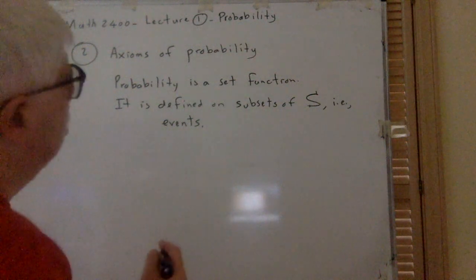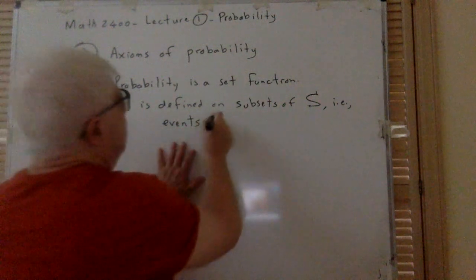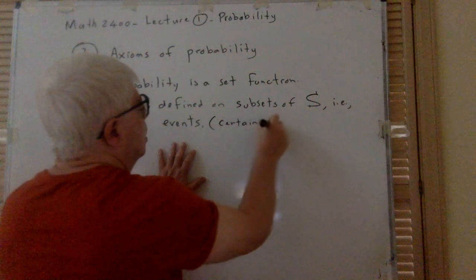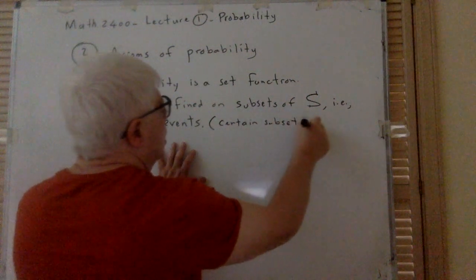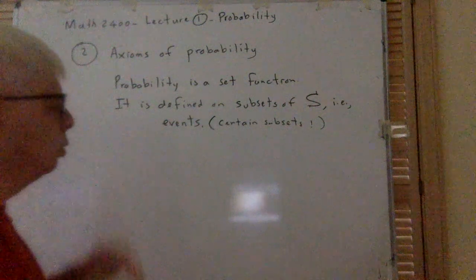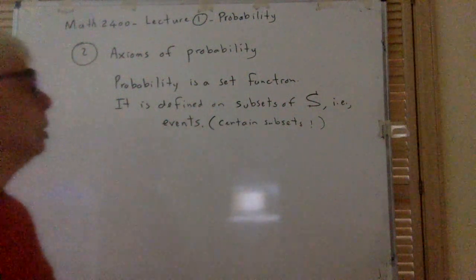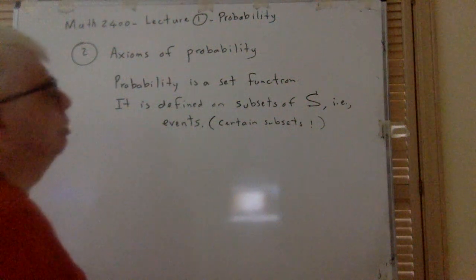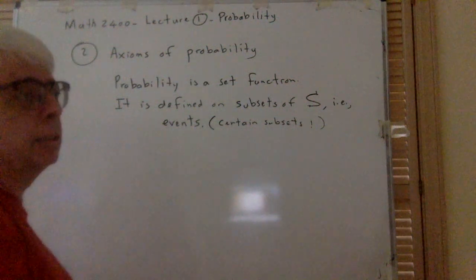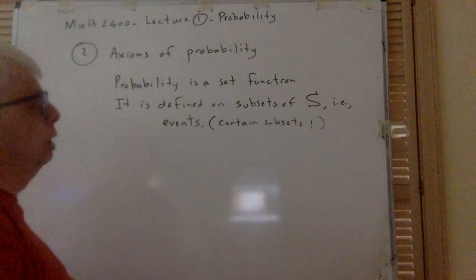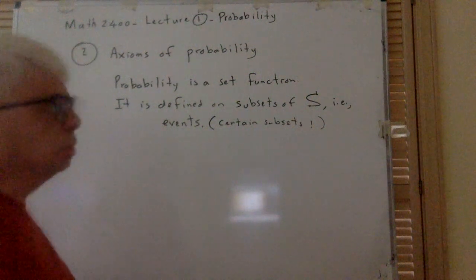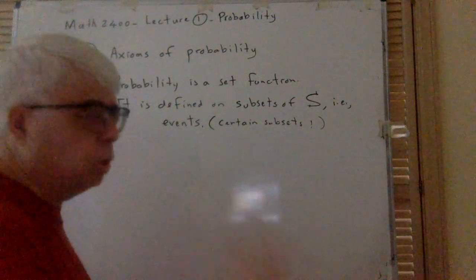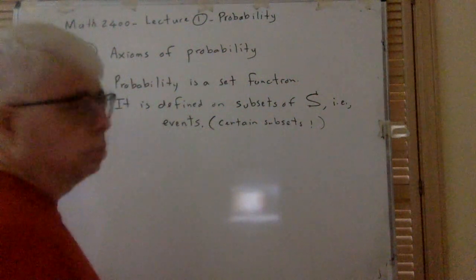So I would say certain subsets. I don't want to go too far into the theory, but when you talk about events, you might just ignore certain subsets and talk about certain events, some subsets of S, not every subset of S.